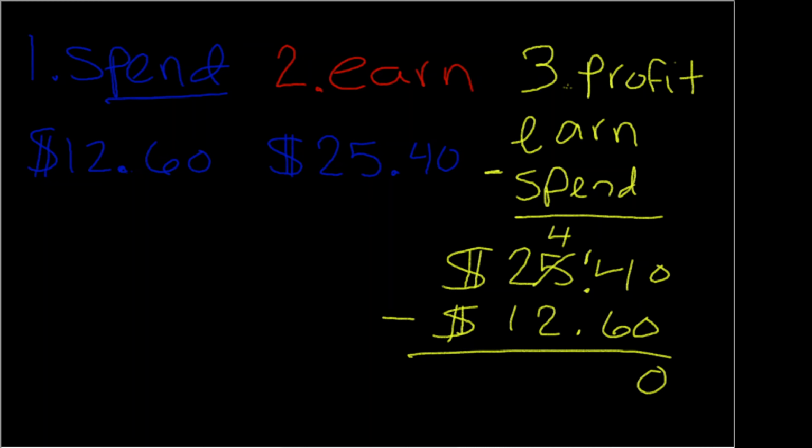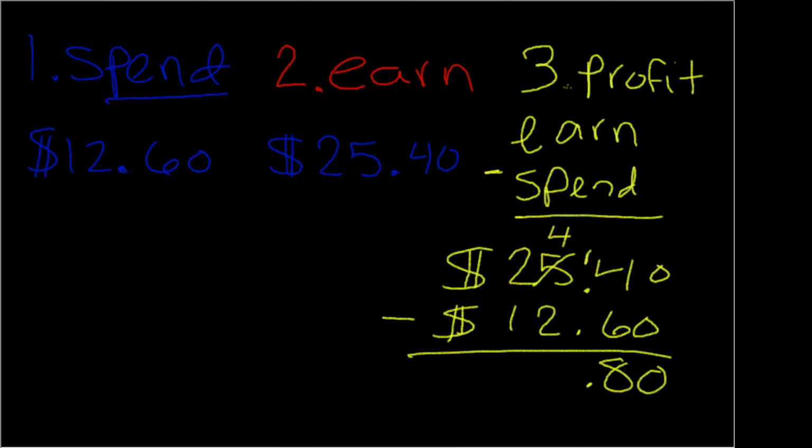I'm going to add that 1, making my 4 a 14. 14 minus 6 is 8. My decimal point when I add and subtract always stays the same. It always lines up. 4 minus 2 is 2, and 2 minus 1 is 1. So the profit, what I earned after what I spent, was $12.80.